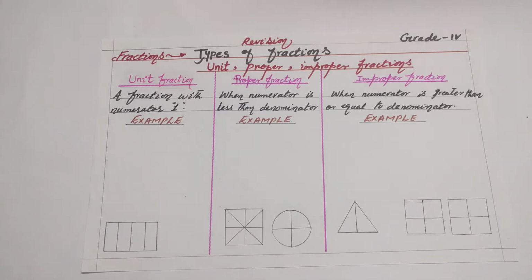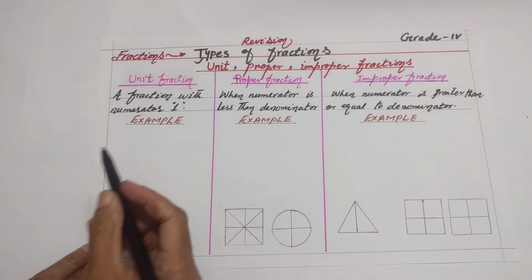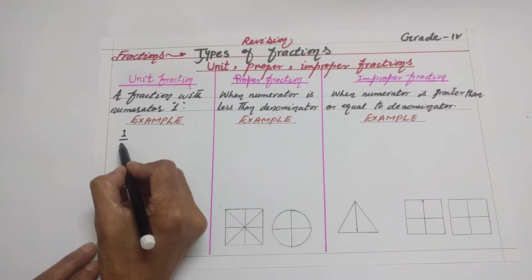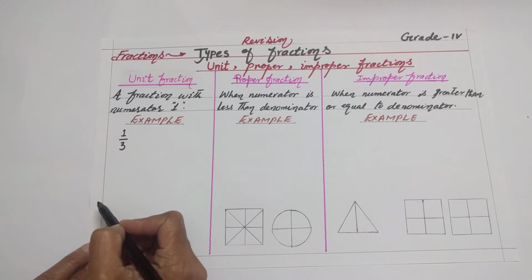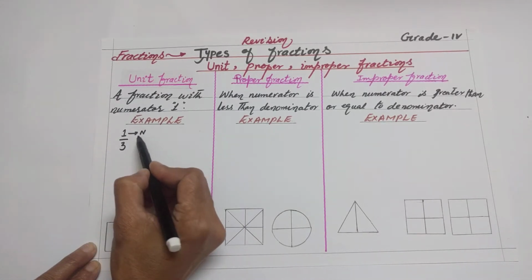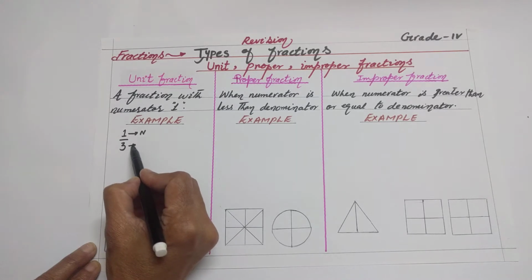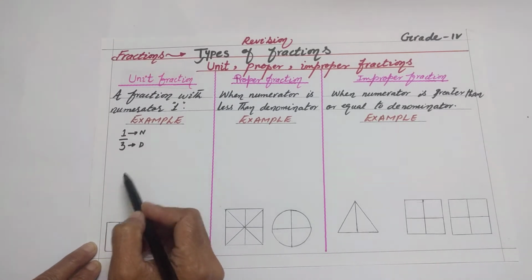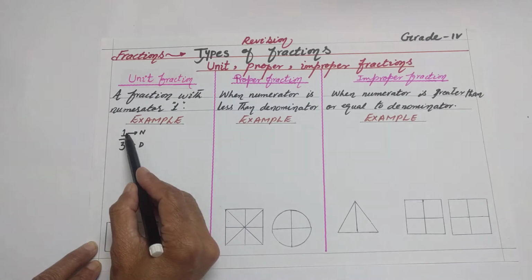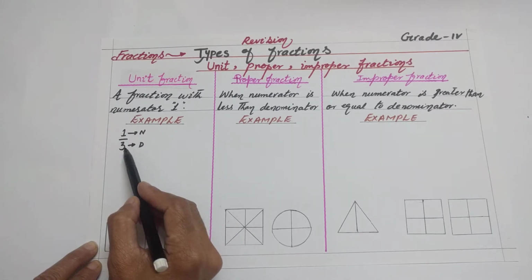Let's start. If I write a fraction like 1 by 3, here 1 is called numerator and 3 is called denominator. These are the two parts of the fraction. The upper number of the fraction is called numerator and the lower, bottom number is called denominator.